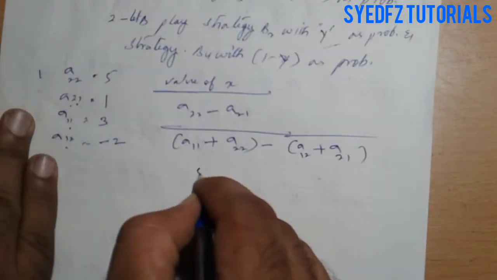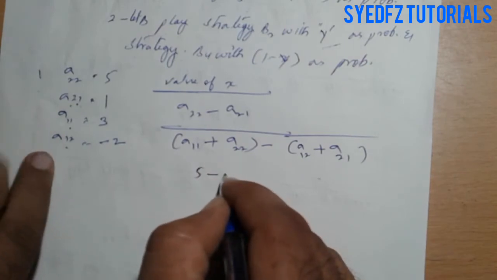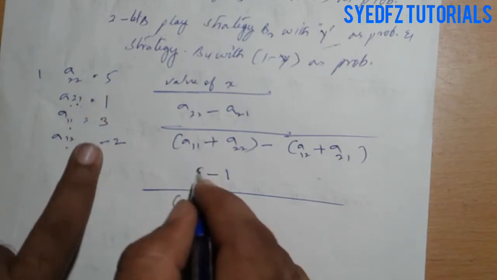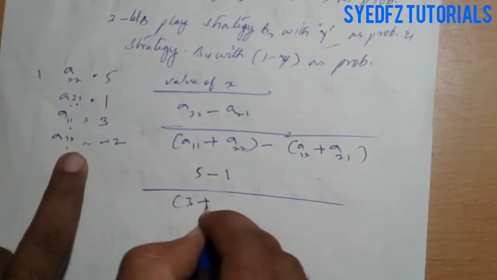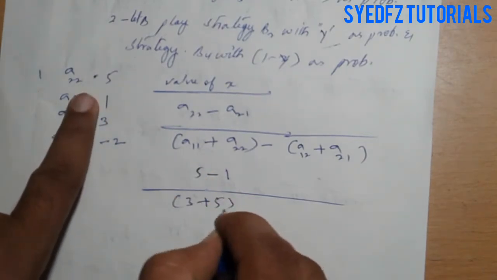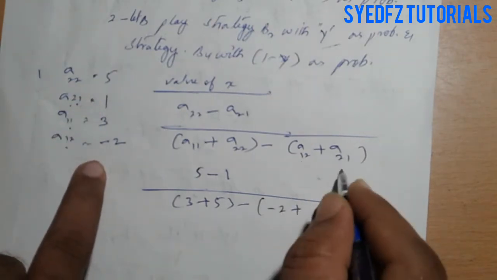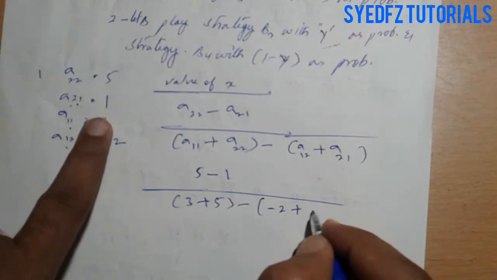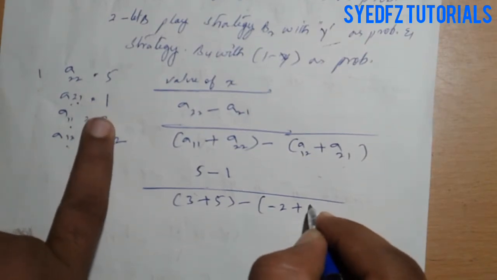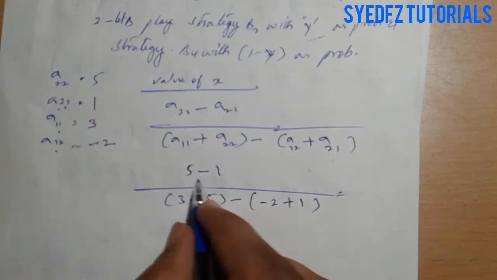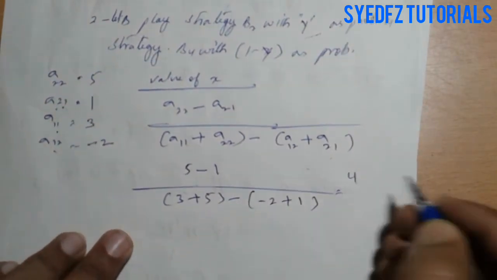A22 means 5 minus A21 means 1. Here A11 means 3 plus A22 means 5 minus A12 means minus 2 plus A21 means 1. So 5 minus 1 is 4.